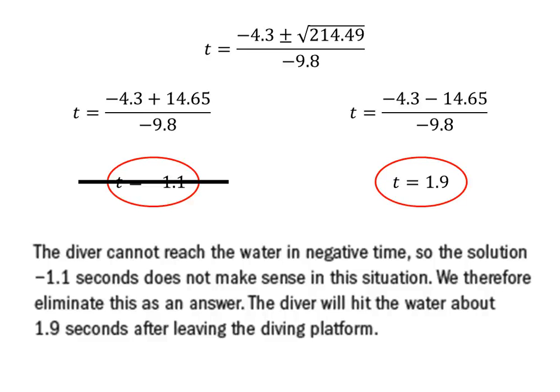Negative 1.1 is not applicable to the situation. Since we're talking about a diver hitting the water, that answer makes no sense because we cannot have a negative time. So we say that the diver will hit the water 1.9 seconds after he or she jumps off of the platform. So our answer here is just 1.9, and that is due to the situation of this quadratic equation.